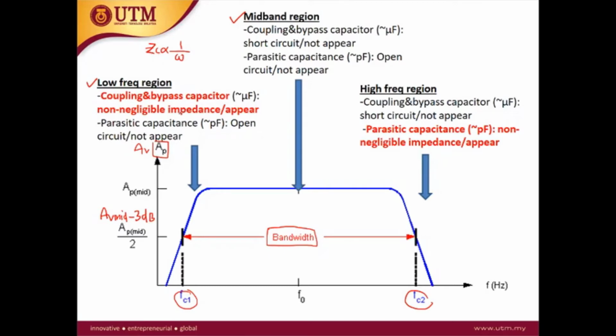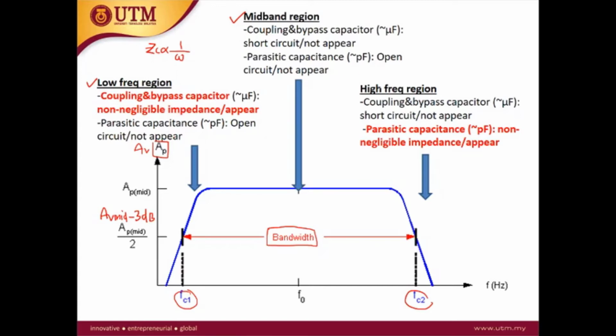So there will be no change in how we consider the parasitic capacitance. Parasitic capacitance will still be assumed as an open circuit because the resistance is still high. That's why for the low frequency region, we will see the coupling and bypass capacitor.